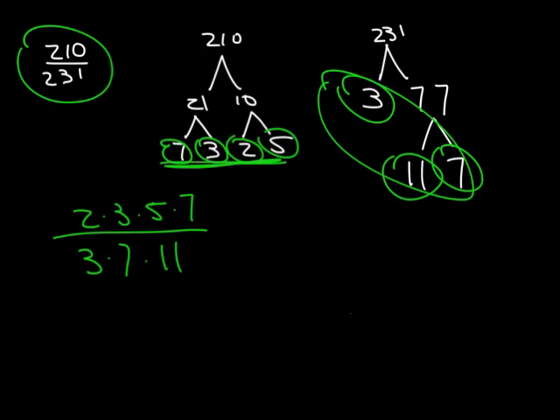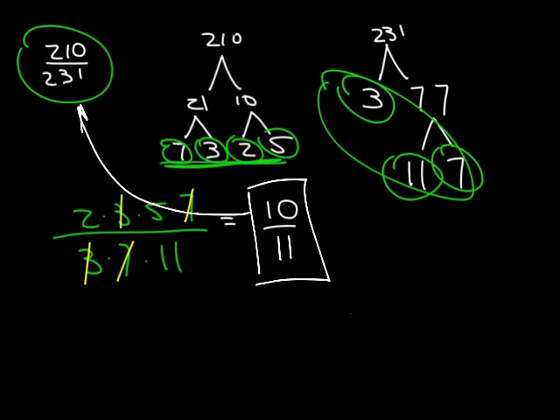Anything on top that shows up on the bottom, I can make go away. And now I'm going to take my numbers on the top and multiply them, and my numbers on the bottom and multiply them. There's only an 11 there. And I get 10 over 11.